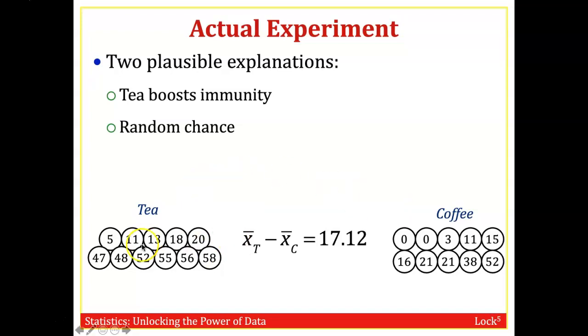So how do we assess whether random chance could have explained this? Well, we're going to think about this data as our observed data, and then see, just due to randomization, what could have happened under the null hypothesis. That is, if there was no effect, and this was just due to chance that we got this split, how likely would a difference of 17.12 be?